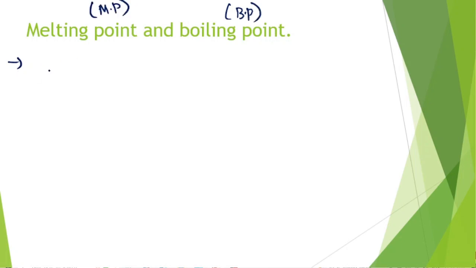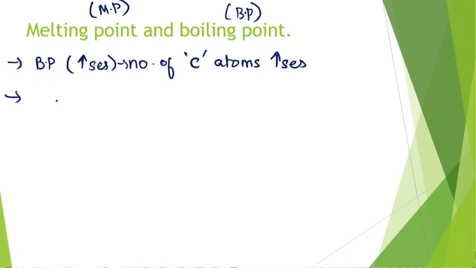So your boiling point, your Bp, increases as the number of carbon atoms increases. Okay, next point. Boiling point of chlorides, bromides, iodides.